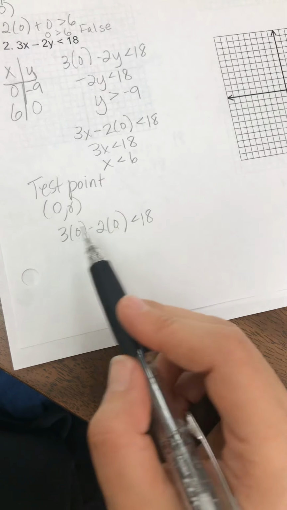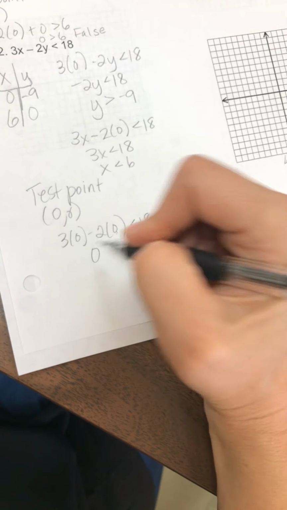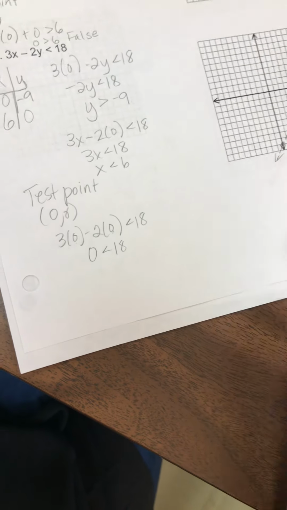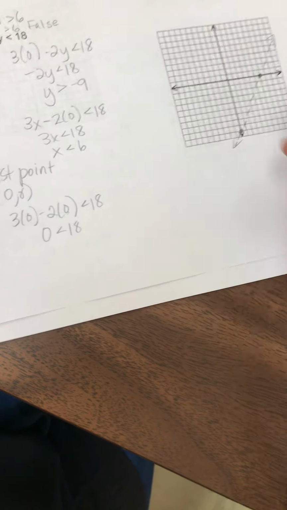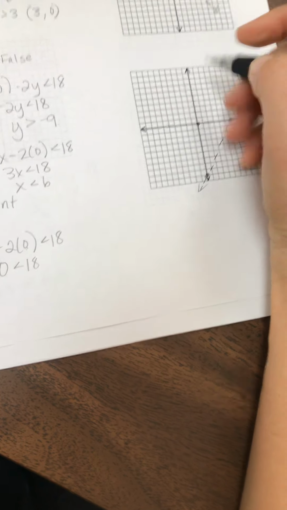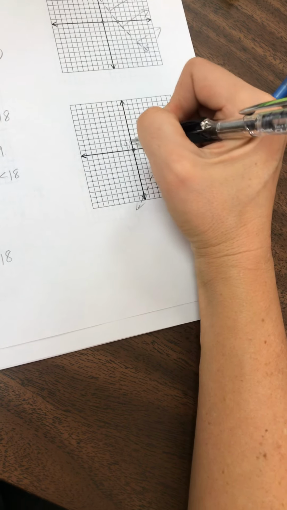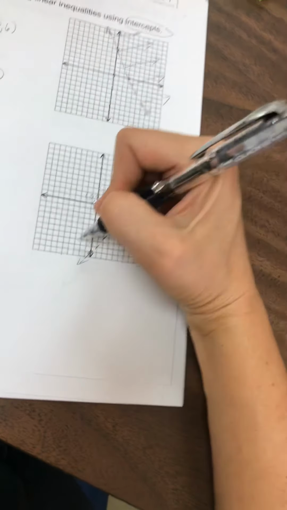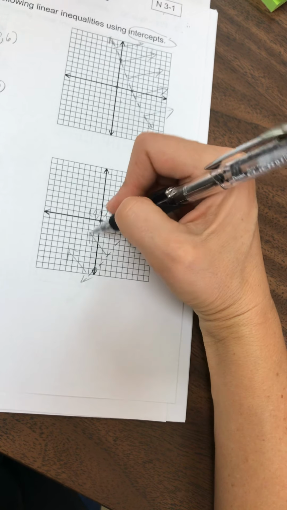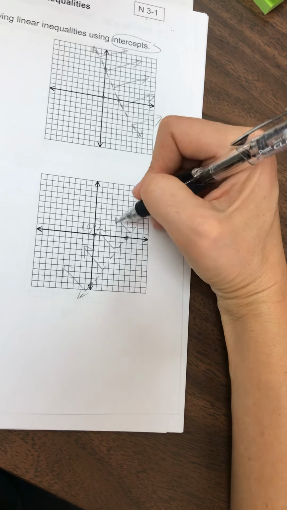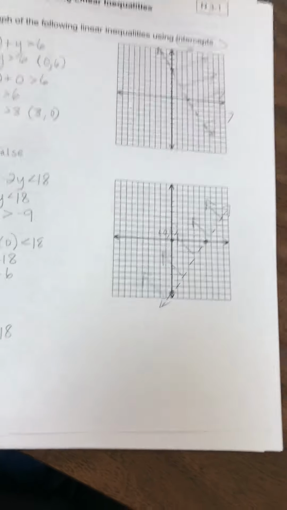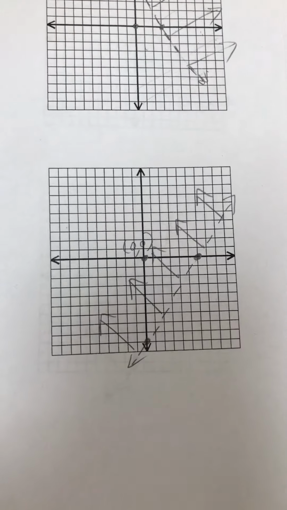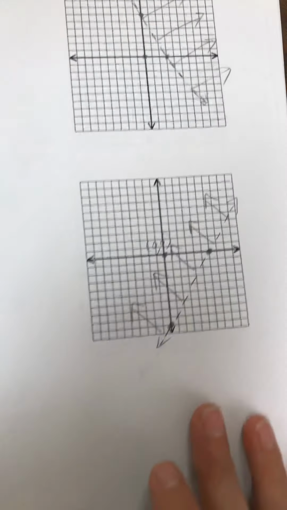So we put zeros in for x and y, and you're going to get 0 is less than 18. And that is true. So this test point right here of (0, 0) is true. So that means we are going to shade towards the point (0, 0). Like this, can you see? Okay.